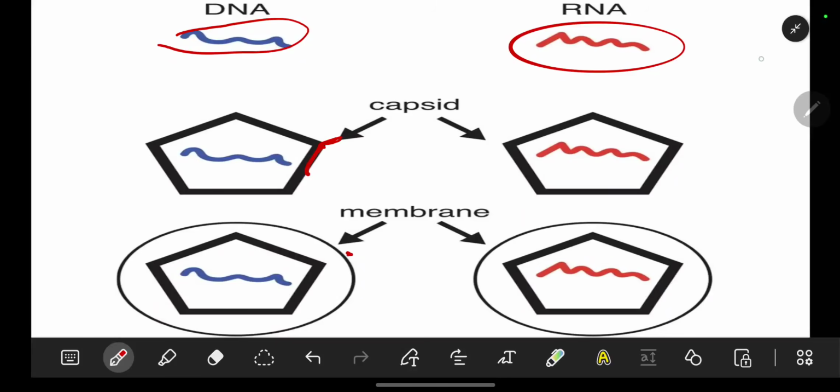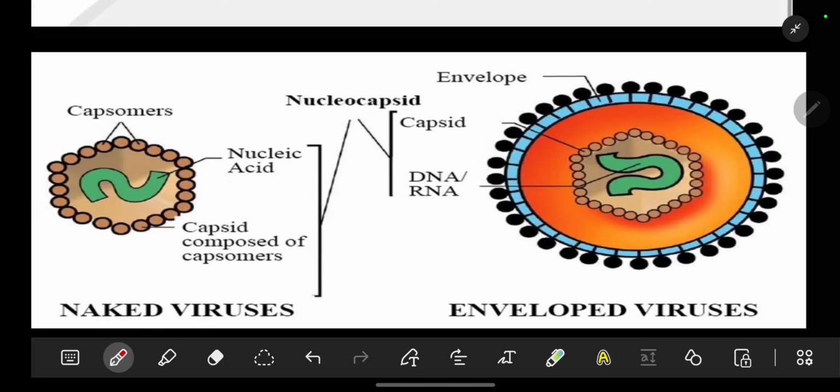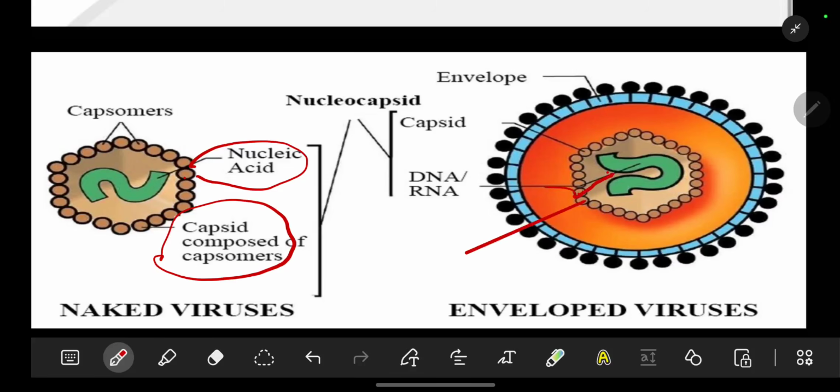Let's look at another diagram. A virus can be naked, meaning it only has a capsid, which is our protein coat, and nucleic acid. Others are enveloped in a membrane. This is our capsid, then we have RNA or DNA, which is this structure, then we have an envelope.